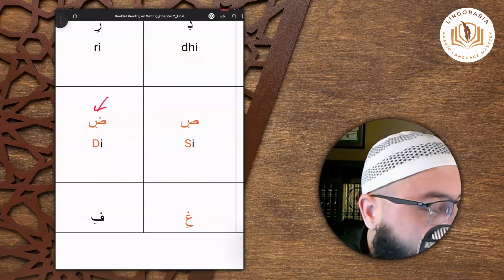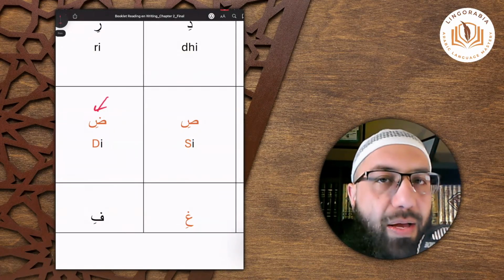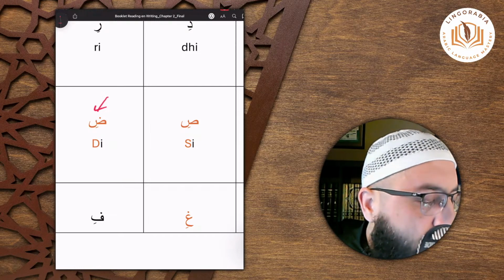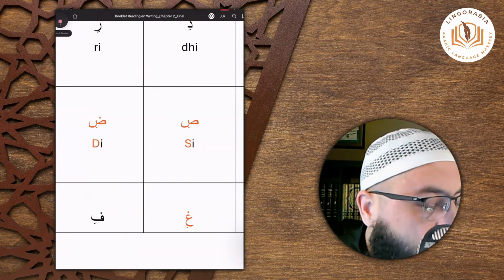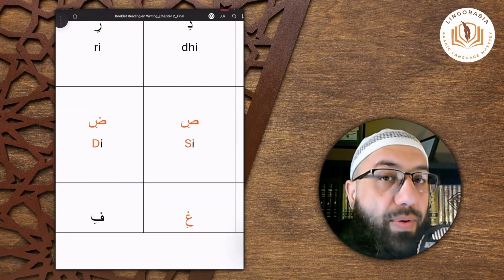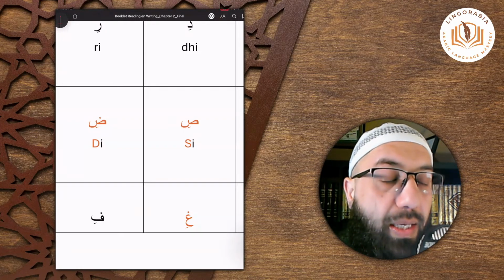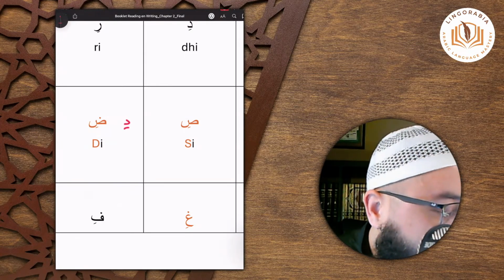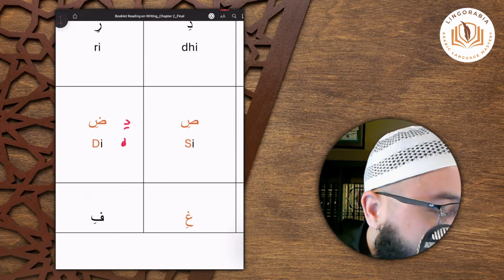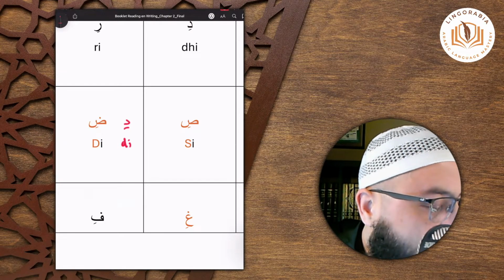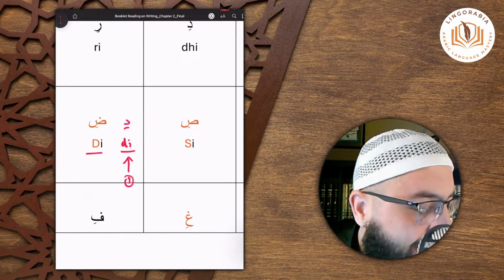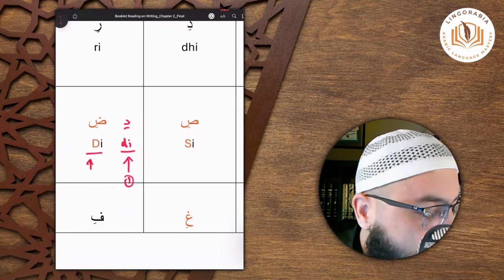So you got the sad with the kasra, si, the stronger s sound, and then you got the dot with the kasra. So it becomes di. And this is different than the dal with the kasra. This is also di, but the first one is light, and the second one, guys, is heavy.